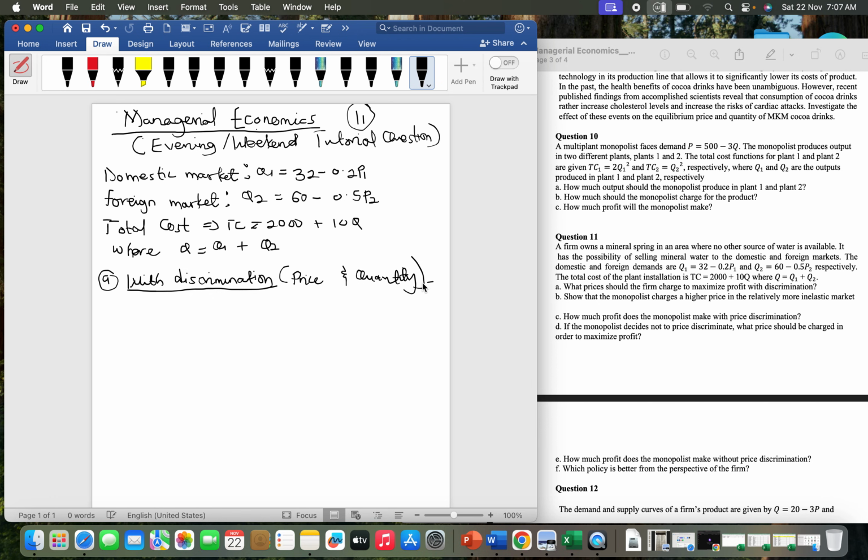When we say with discrimination, it means you have bargaining power. For instance, if you go to Makola market and let's say a tuber of yam trades for 400 cedis, you might talk to the seller to reduce the price.